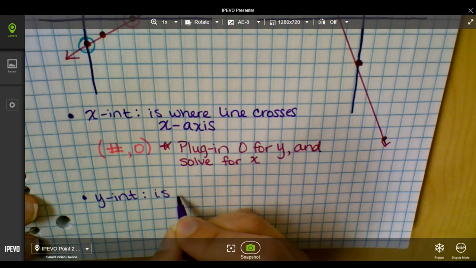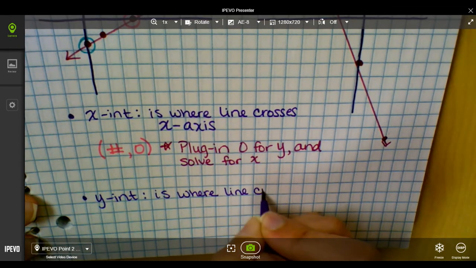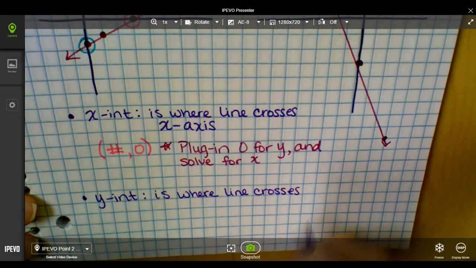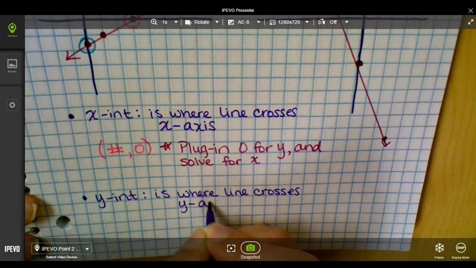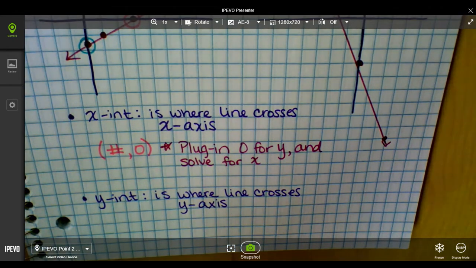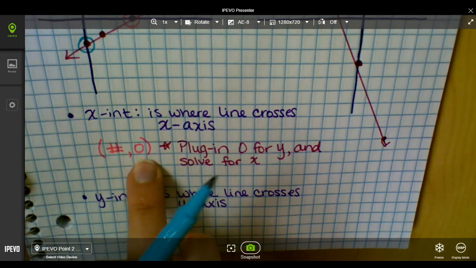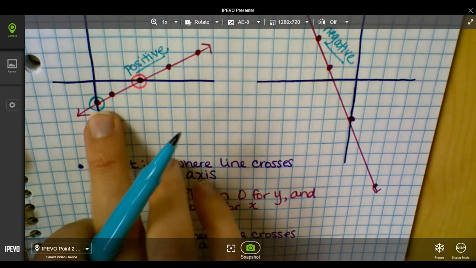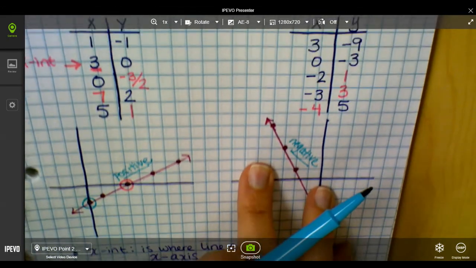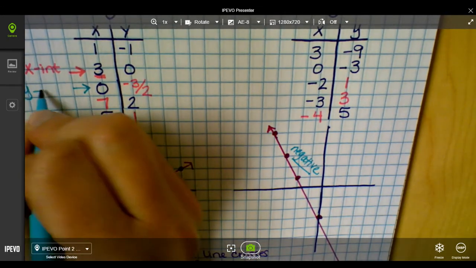So your y-intercept is where the line crosses the y-axis. Okay, and it's going to also have a 0 in it, but now your number should be on the y part of it. So if we go all the way back up here again, this guy is my y-intercept.